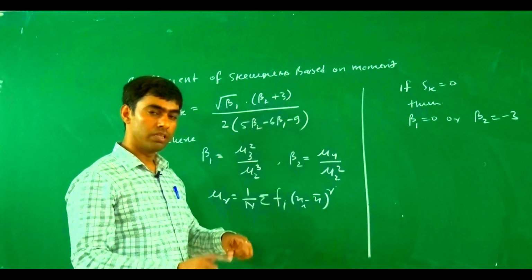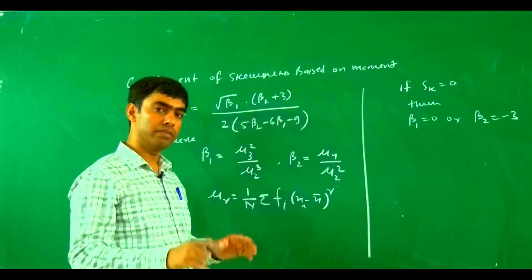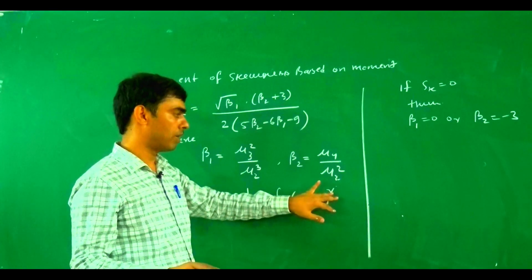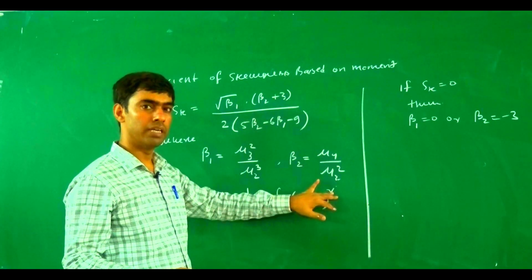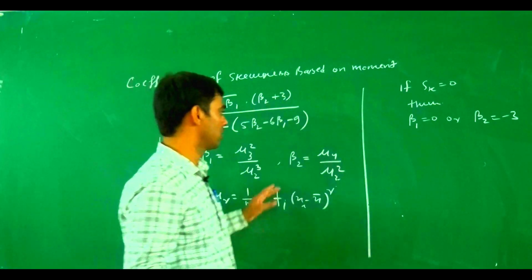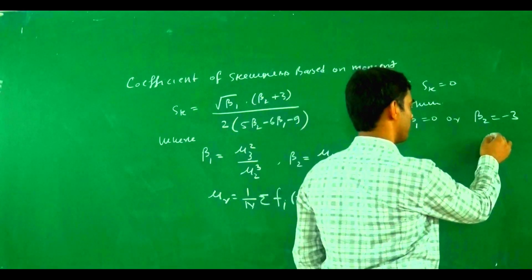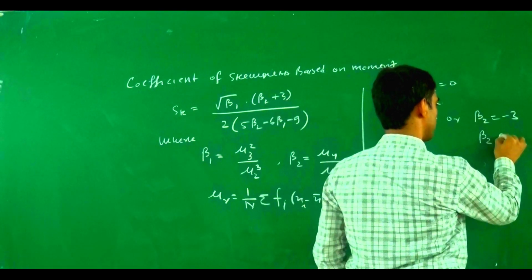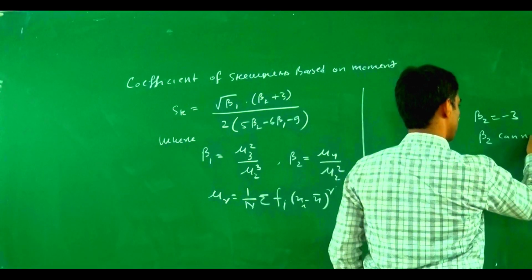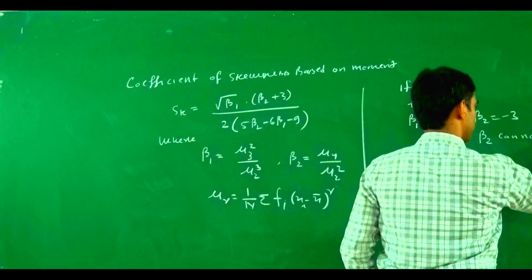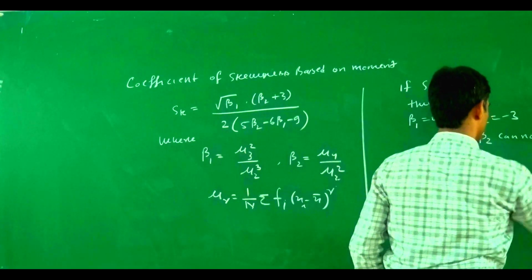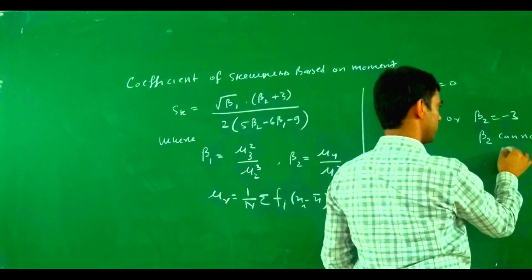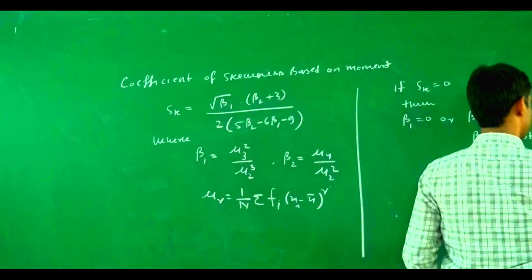The power of any number, if the power is 4, then the value cannot be negative. So beta 2 cannot be negative.